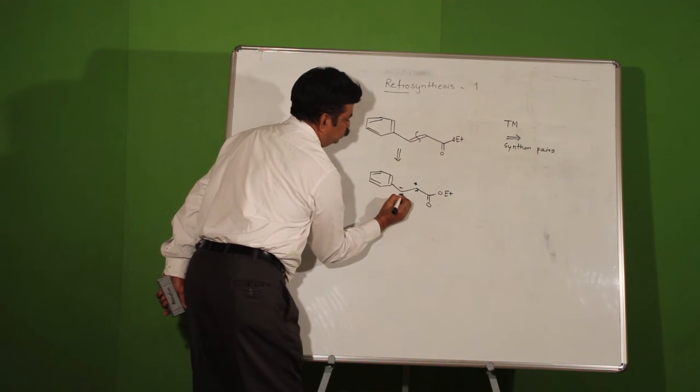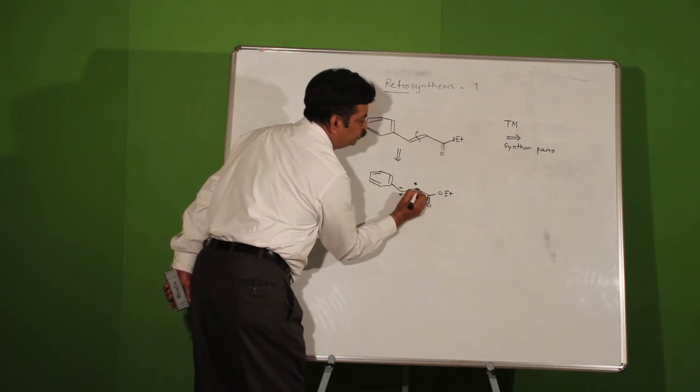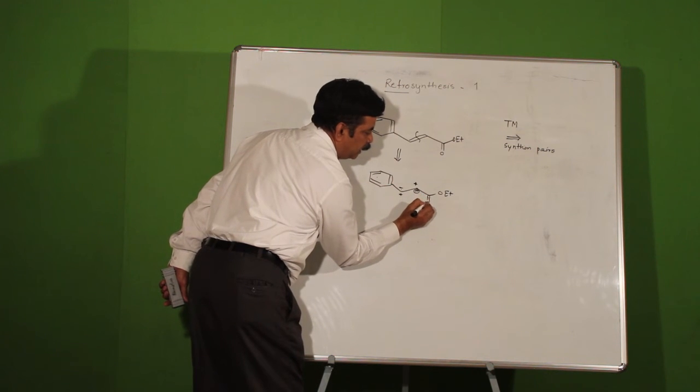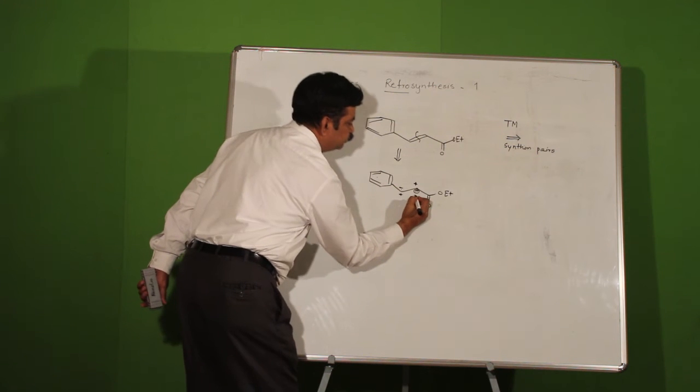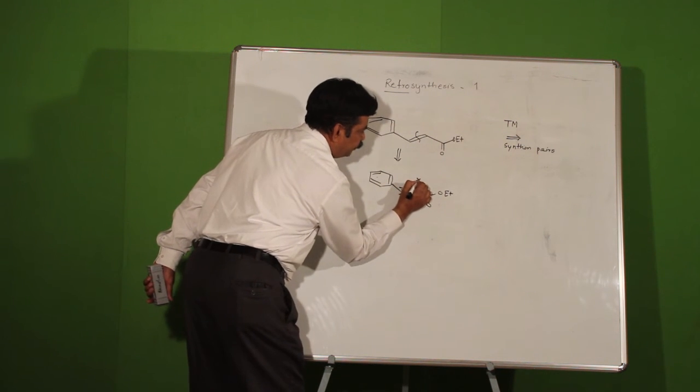Amongst these two, minus next to carbonyl, due to the carbonyl's minus I effect as well as resonance, is more stable than plus.